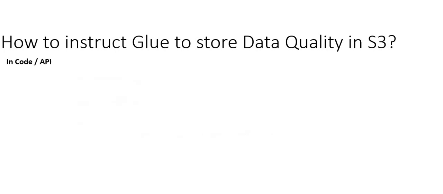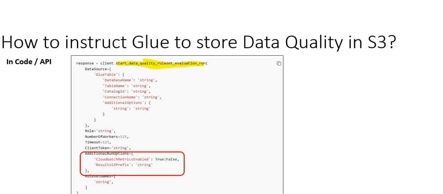And the last one: if you're trying to use code or an API for any schedule-based, code-based or event-based data quality assessment execution, you use a method in the Glue API. I'm using Python as an example here, but the method is called start data quality ruleset evaluation run.